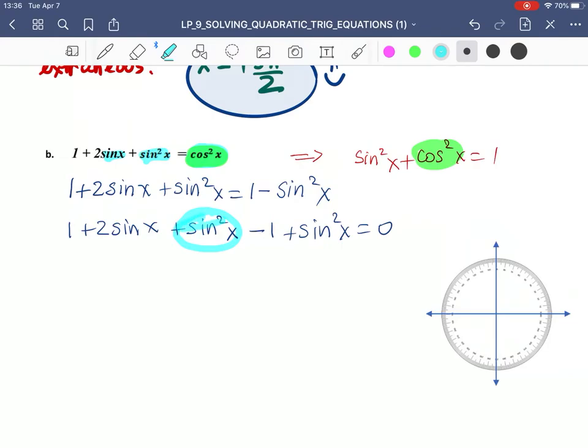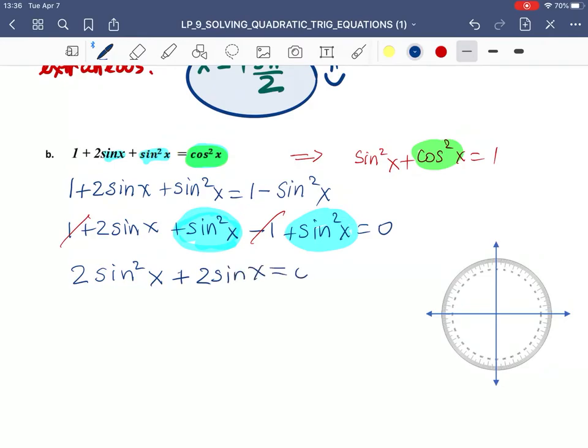So we have sine squared x, and we have sine squared x in here as well. So we're going to combine these two together so that it gives 2 sine squared x. Now, as you notice in here, 1 and -1 simplify to 0. And then plus 2 sine x equals 0. So we have all the terms brought to one side of the equation, just 0 in the other side. And we have completely simplified the left side of the equation.